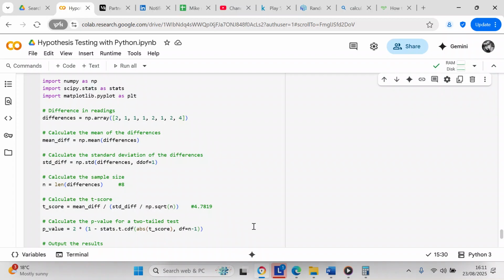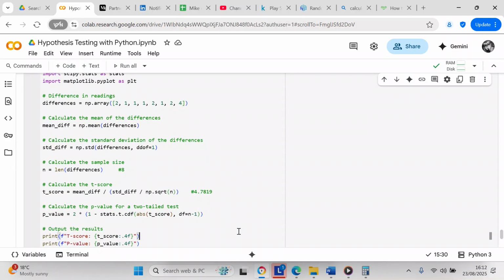Here t is your t-distribution, cdf is your cumulative distribution function, abs is absolute value, and df is your degrees of freedom, which is 7 because it's n minus 1, and n is the length: 1, 2, 3, 4, 5, 6, 7, 8.